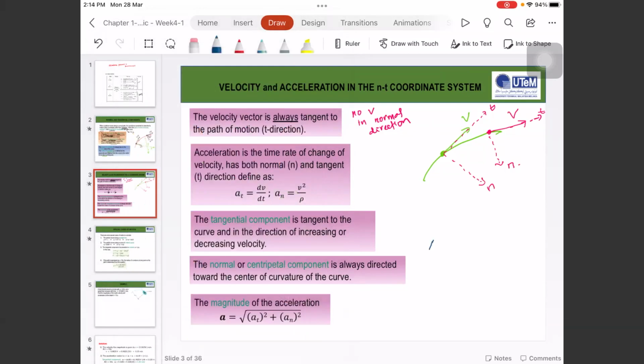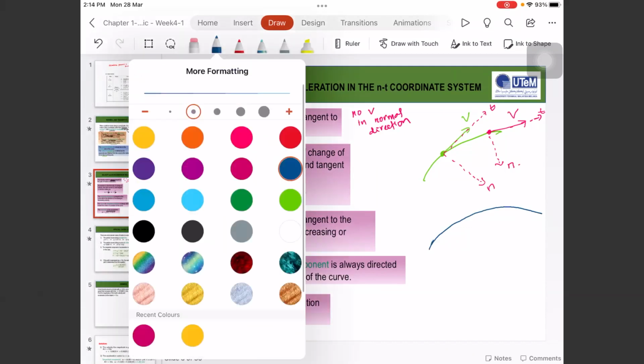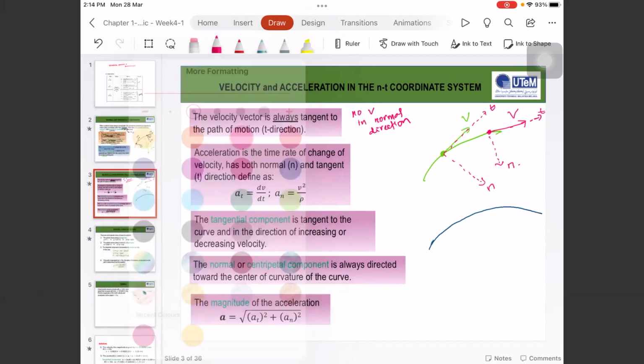What about accelerations? Let's say you have this motion. For acceleration, you have both tangent and normal. So if I have these locations, this is the tangent axis, and this is the normal axis.